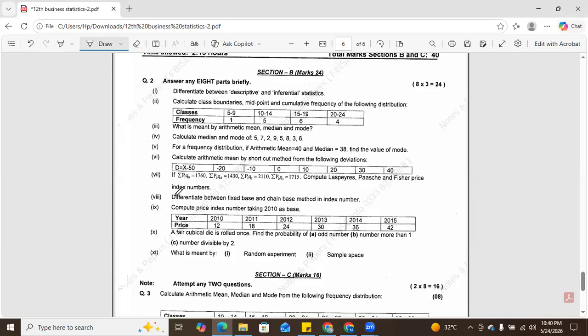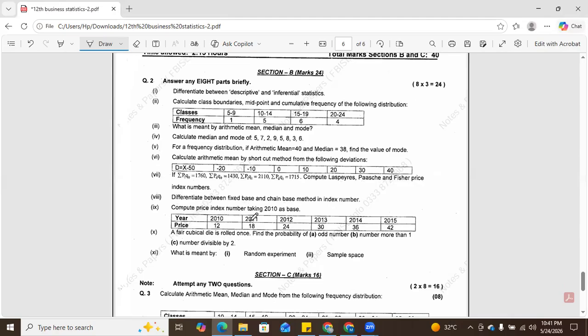If sum of P1 Q naught is equal to 1760, sum of P naught Q naught is equal to 1430, sum of P1 Q1 is equal to 2110, sum of P naught Q1 is equal to 1715, compute Laspeyres, Paasche's, and Fisher's price index numbers. Differentiate between fixed base and chain base method in index number.